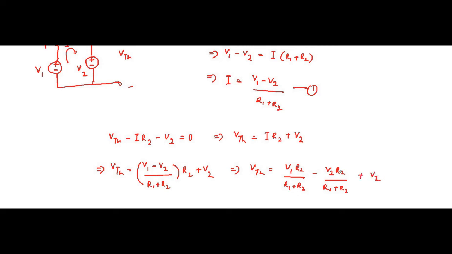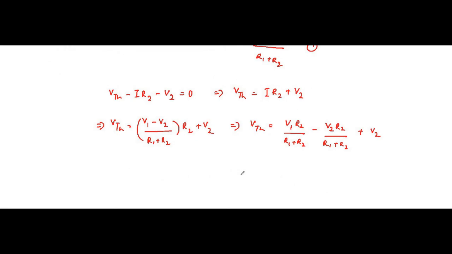Further simplifying, VTH is equal to V1 R2 minus V2 R2 plus V2 into R1 plus R2, over R1 plus R2.